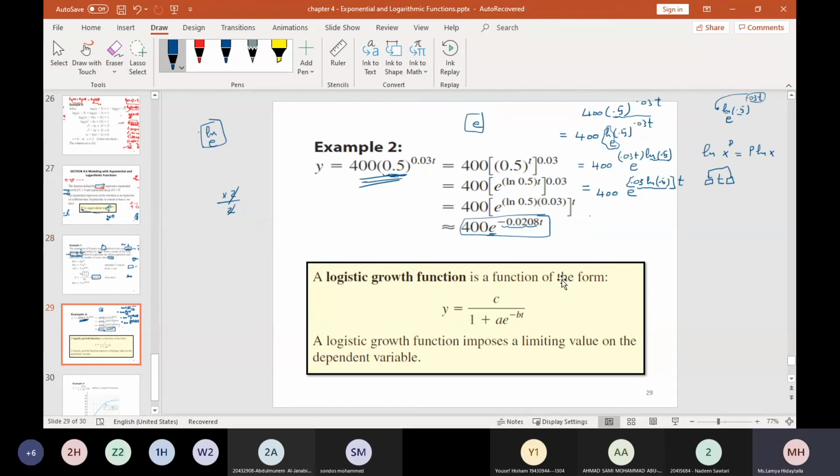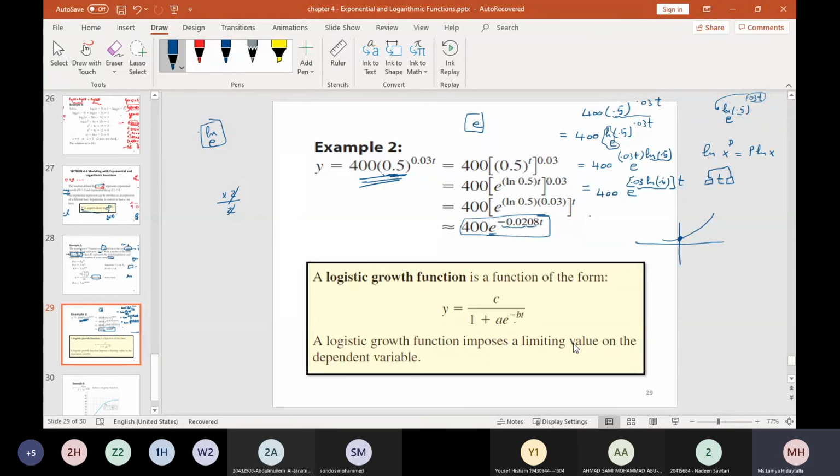طيب lastly, if we have a function in this form, we call it a logistic growth function. بدل ما بكون عندنا كان يعني احنا دايما الاكسبوننشال function, if you draw it, احنا قلنا لو كان في growth it will be something like that, passing through the point (0, 1) and so on.